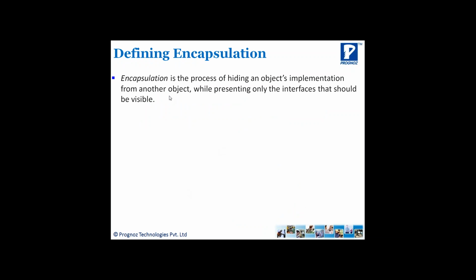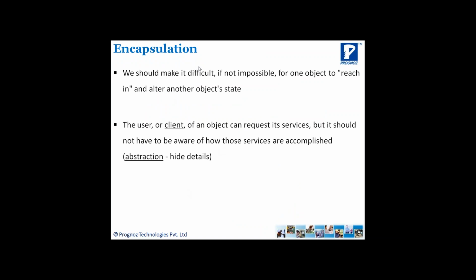Encapsulation hides an object's implementation, and only the interface should be visible. We should make it difficult to reach in and alter another object's state. The main concept is security, and you should not be aware of how those services are accomplished. We know what is happening, but we do not know how those services are accomplished. That is nothing but abstraction.